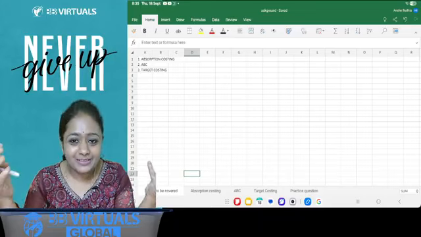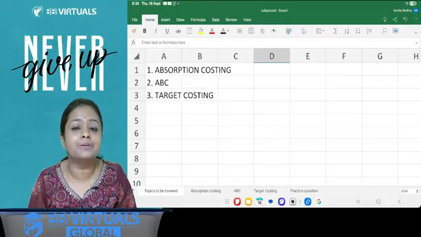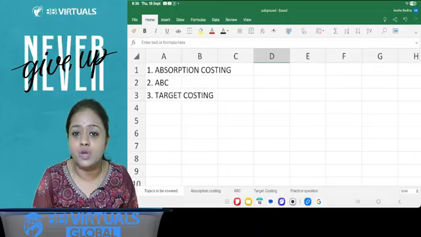Yesterday we had session number 1 where we covered the basic concepts of costing, and today we are going to be covering again some very important pointers. We are going to be covering 3 topics precisely: absorption costing and ABC along with their relationship. So in a question we will be discussing what is absorption costing.